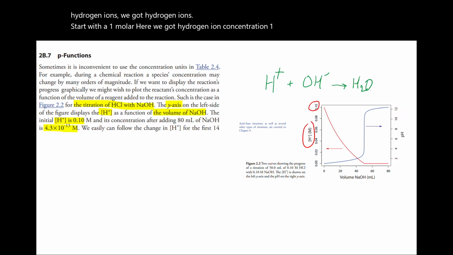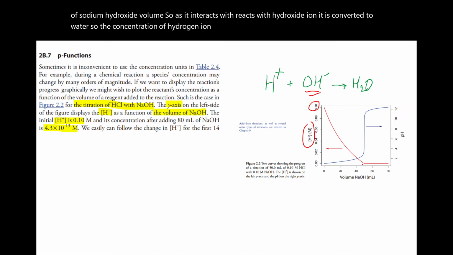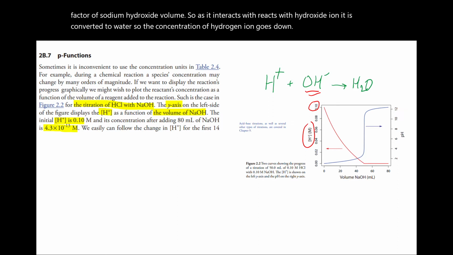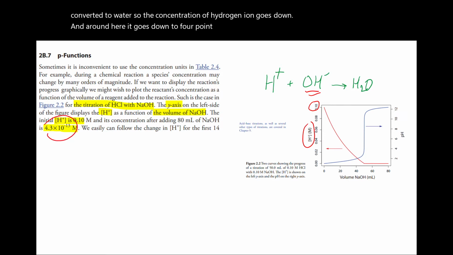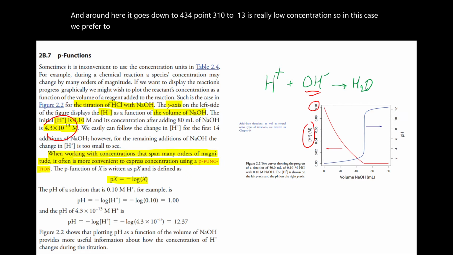And it changes as a function of sodium hydroxide volume. As it reacts with hydroxide ion, it is converted to water. So the concentration of hydrogen ion goes down, and around here it goes down to 4.3 times 10 to negative 13. It's a really low concentration.